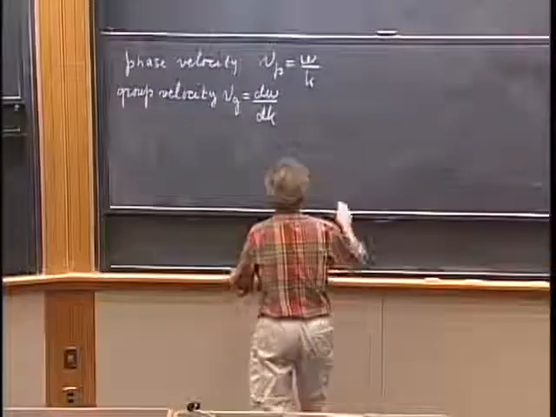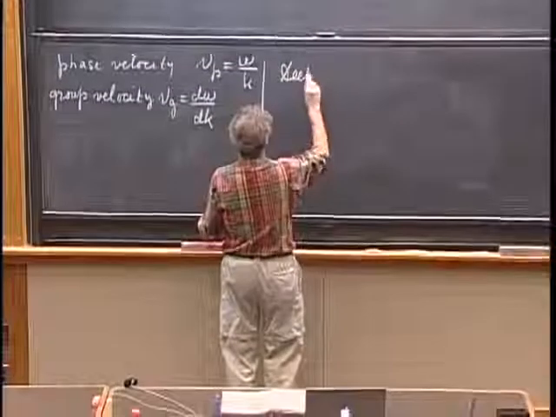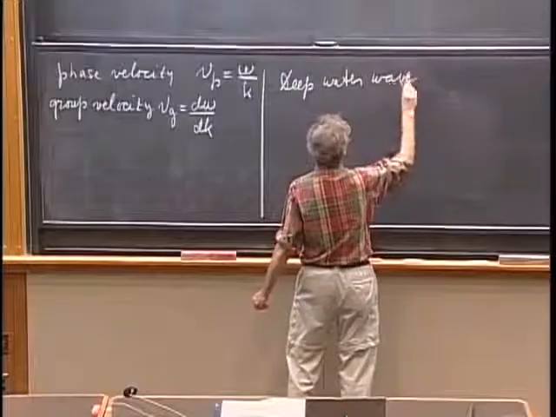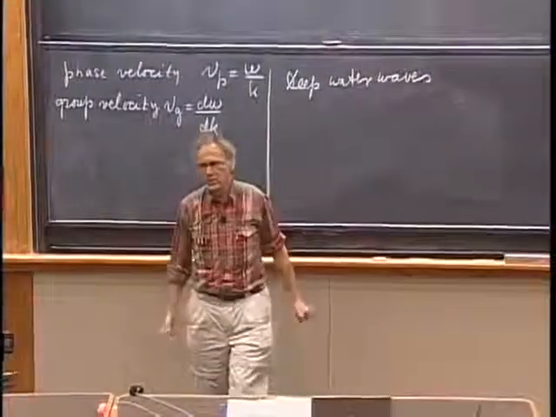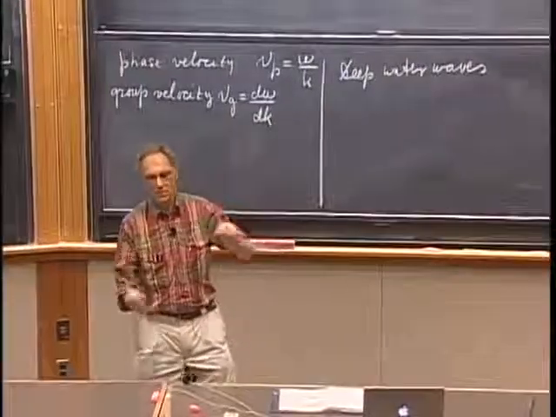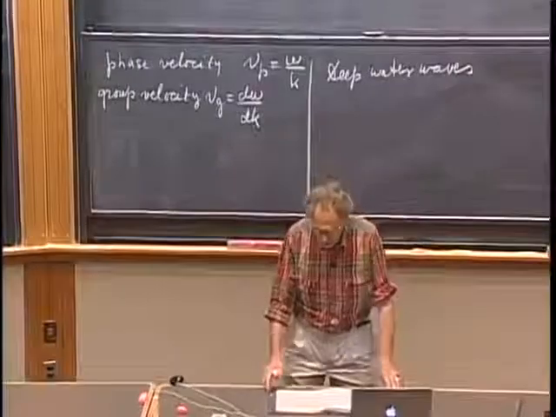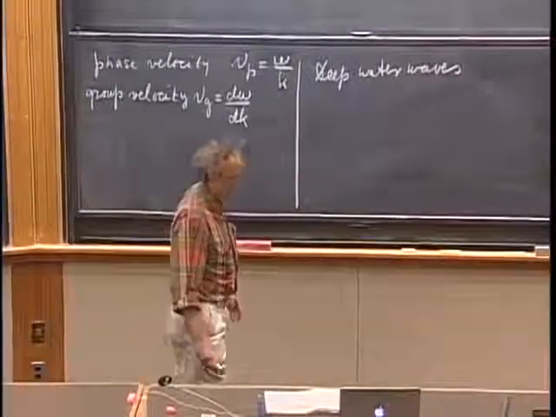If we take deep water waves, and I would imagine that what is meant by that is that the water is deeper than the length of your wavelength. That is probably the operational definition. It's very dispersive.